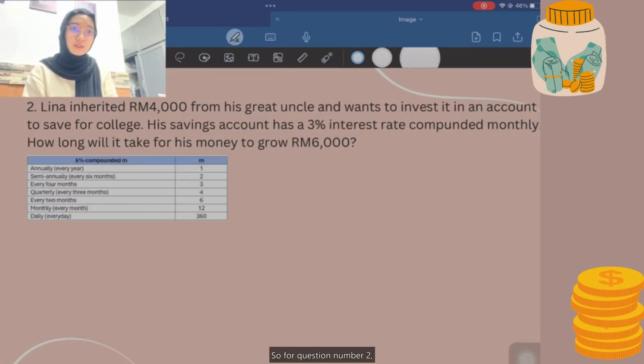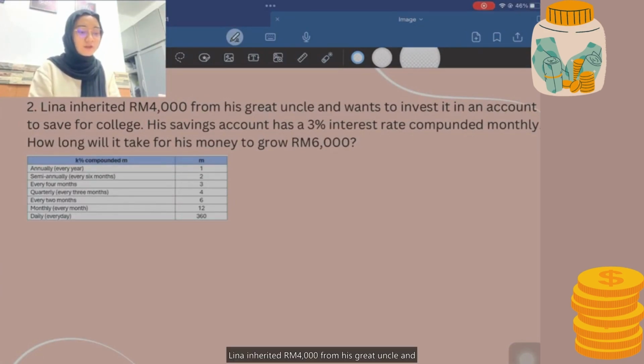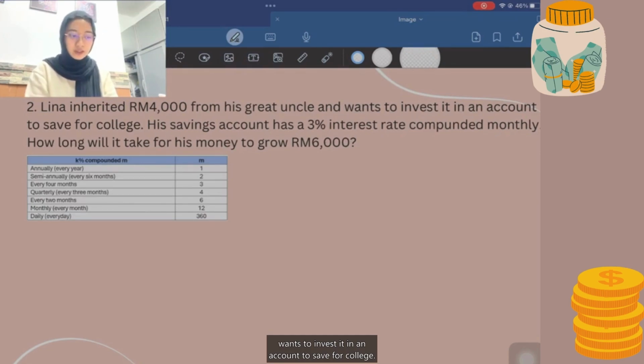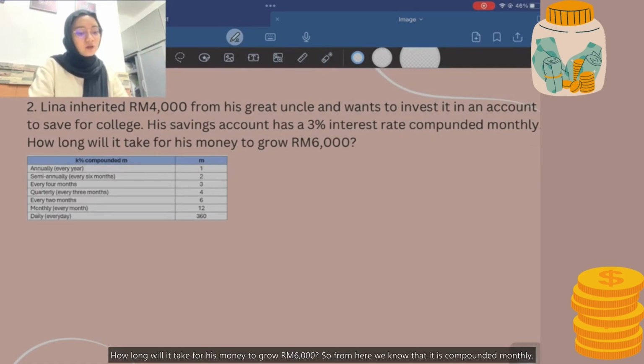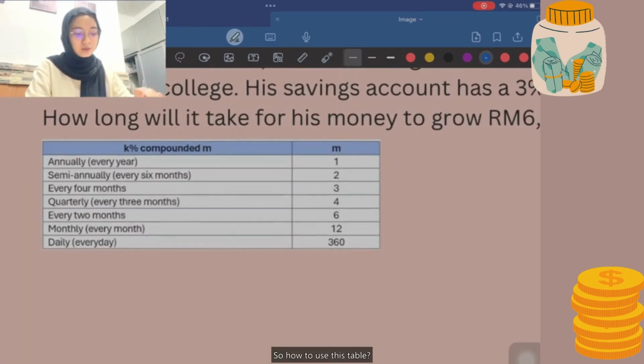So for question number 2, Lina inherited 4,000 from his great uncle and wants to invest it in an account to save for college. His saving account has a 3% interest rate compounded monthly. How long will it take for his money to grow to 6,000? So from here, we know that it is compounded monthly. So how to use this table?